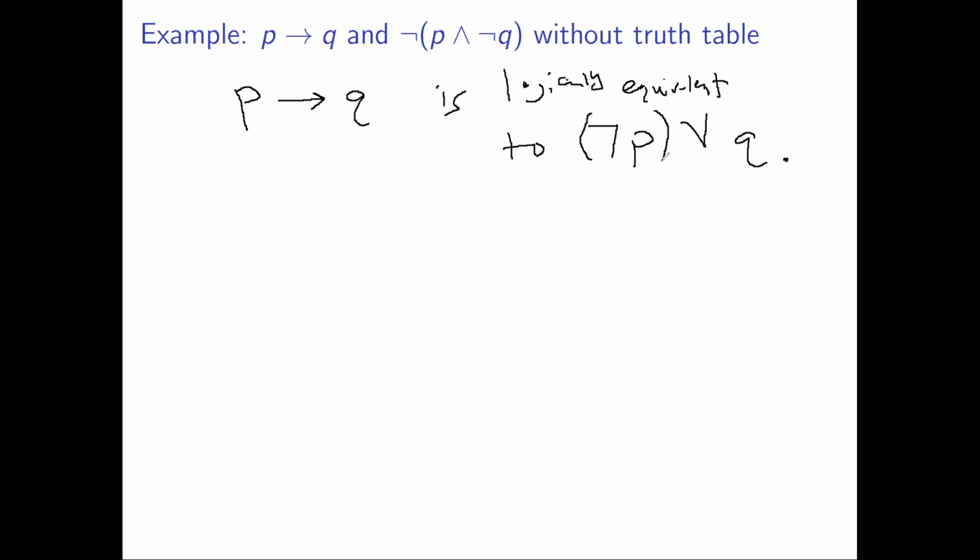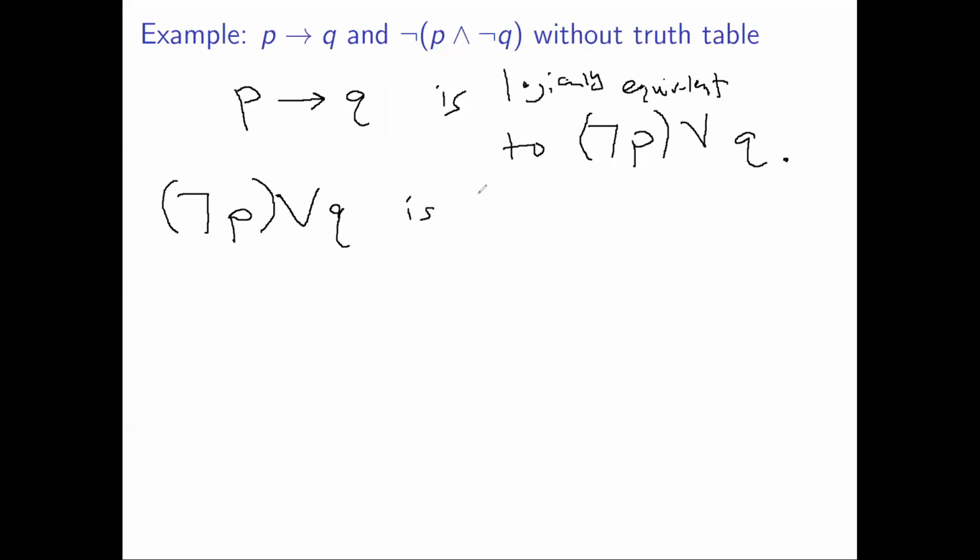if this is logically equivalent, we can combine this with one of the facts that we just proved in this video. So we saw that using De Morgan's law, we can apply De Morgan's law to something that's equivalent to this one. So we want to say that not P or Q is equivalent to something that we can apply De Morgan's law to.